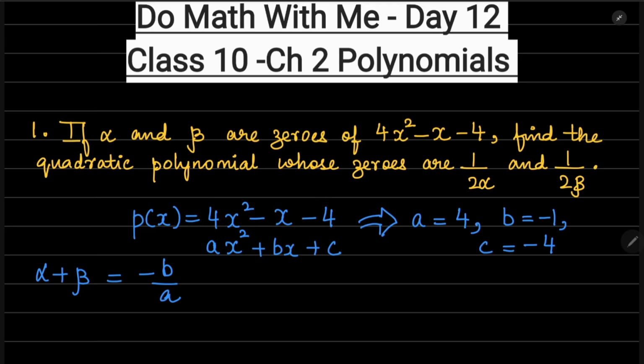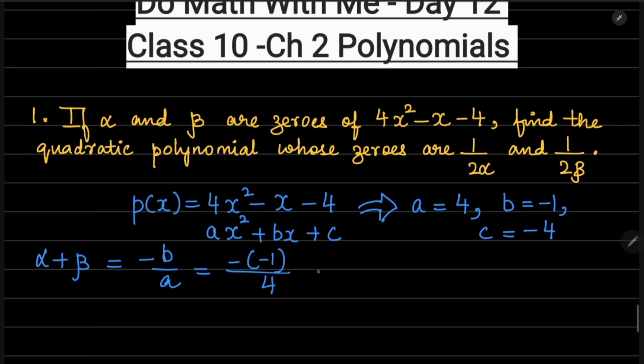Now, what is minus b by a? Minus of b is minus 1. This minus is the formula's minus. Within brackets you have to write the b, which is minus 1, divided by a, which is 4. So your sum of the zeros is nothing but 1 by 4.